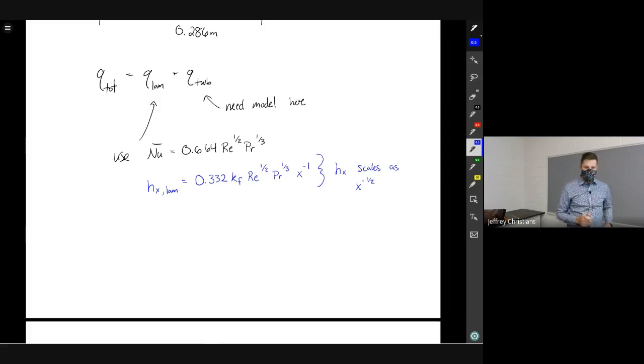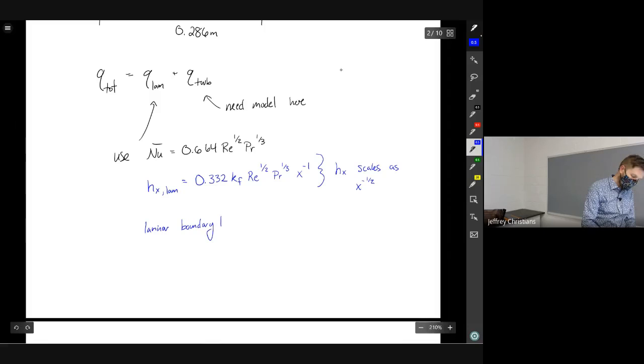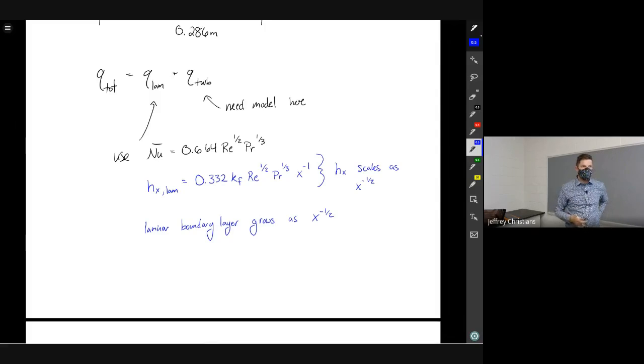Scales as x to the minus 1/2. That's how the laminar boundary layer is growing.